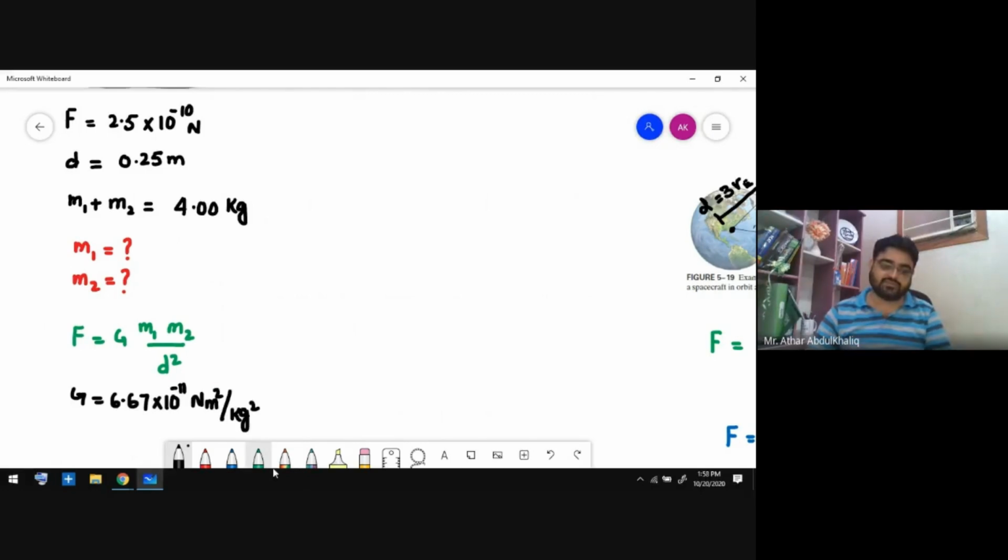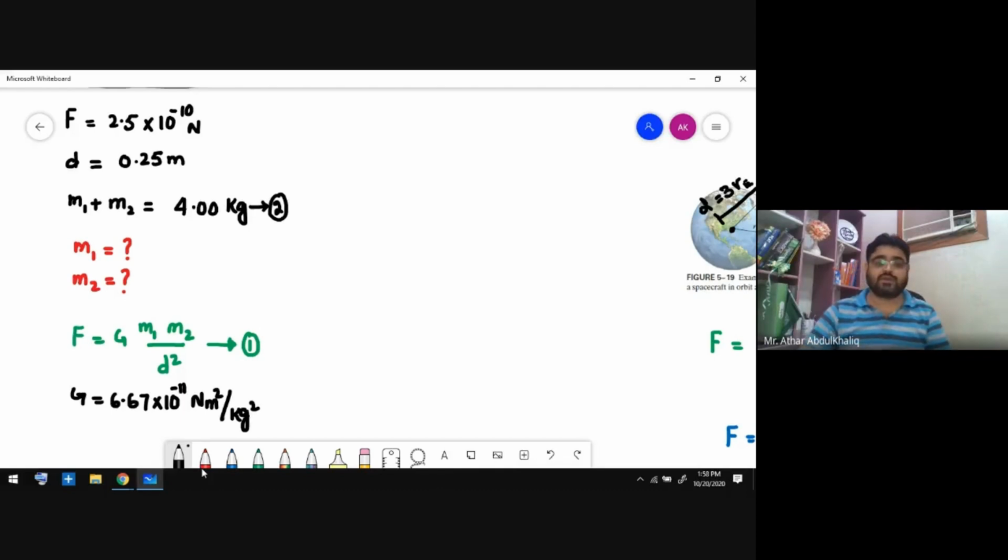One equation is the formula itself, and the second equation is the given data, that is M1 plus M2. We can rearrange this one and simplify it to solve it. How? Just get one mass isolated.